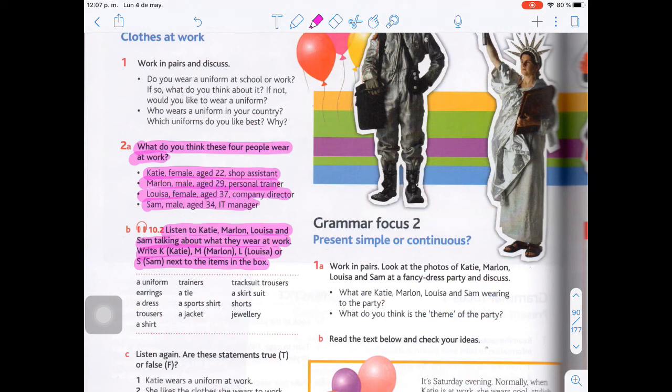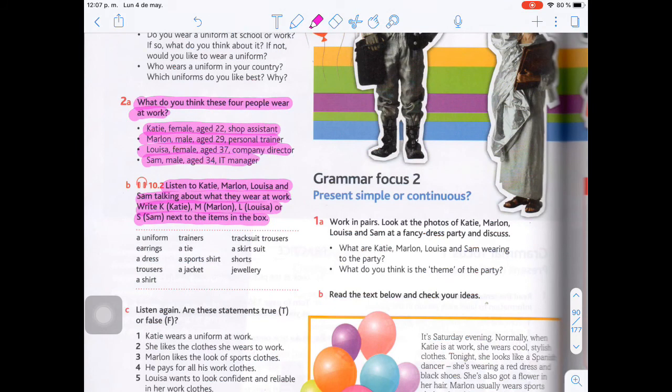And here we have a list of vocabulary, and what you have to do is just write the initial letter of each of the people's names. So you start listening, and as you listen to the people talking, you will write K for Katie, so that's an example. M for Martin, so this is an example too. L for Lisa, and S for Sam.